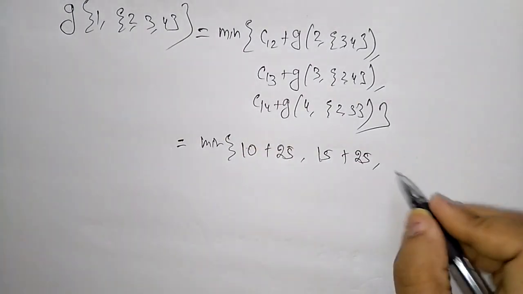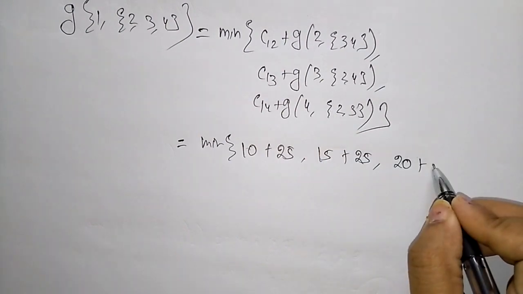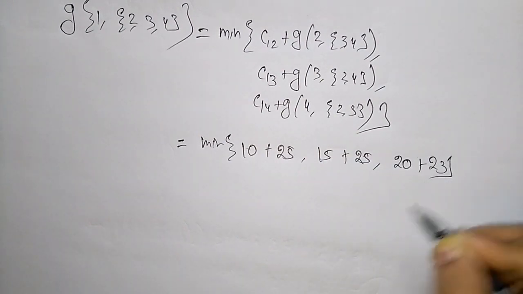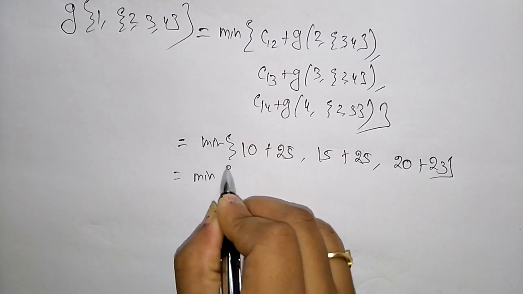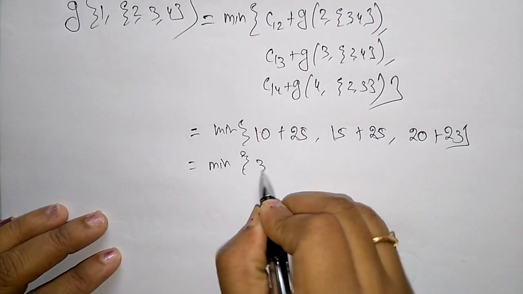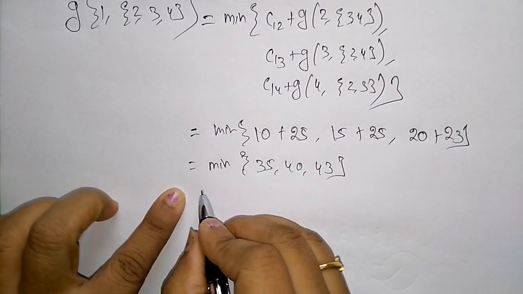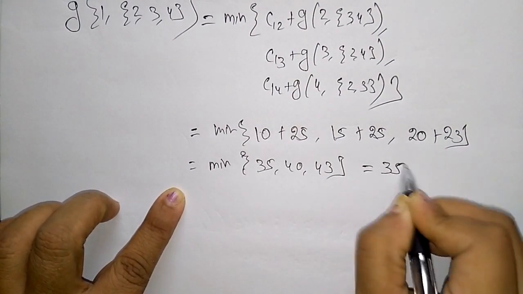C14 from the adjacency matrix is 20, and this value we get is 23. From this we calculate the minimum of 35, 40, 43. The minimum value is 35.